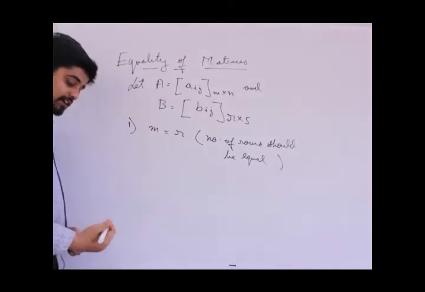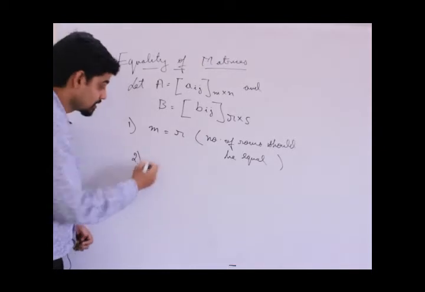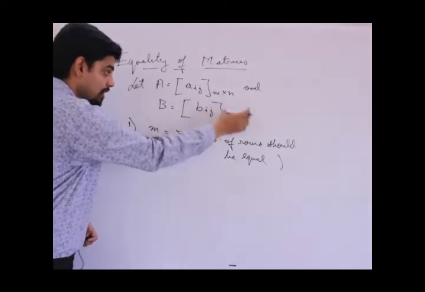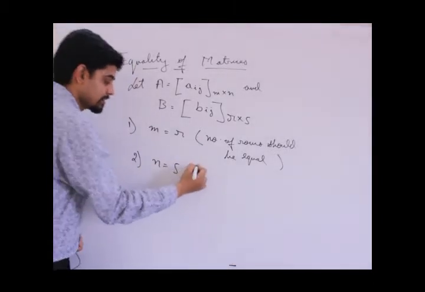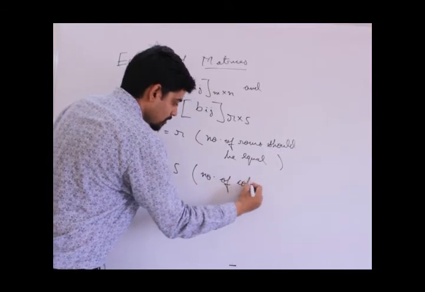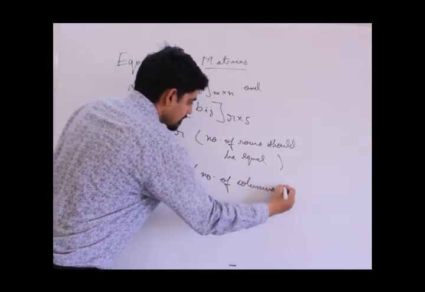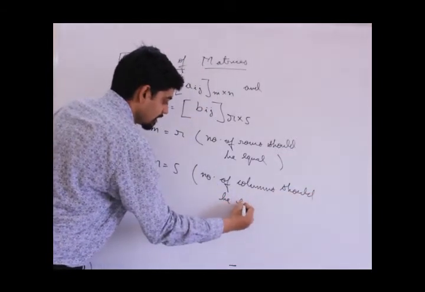Coming on to the second condition, the number of columns should be equal. N should be equal to S. That is, the number of columns should be equal.